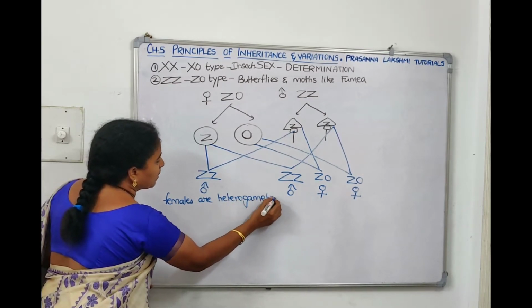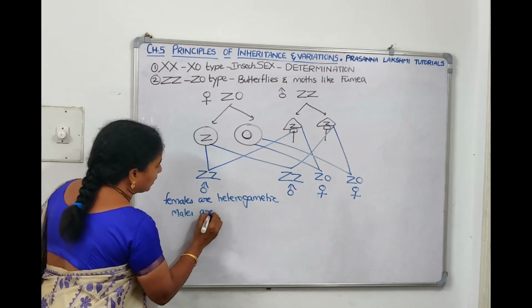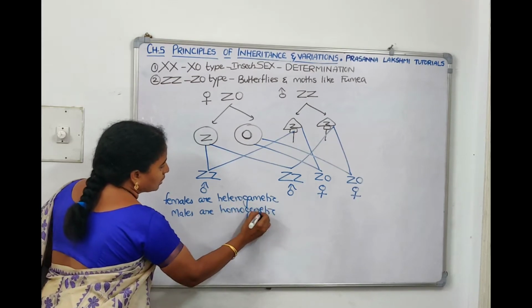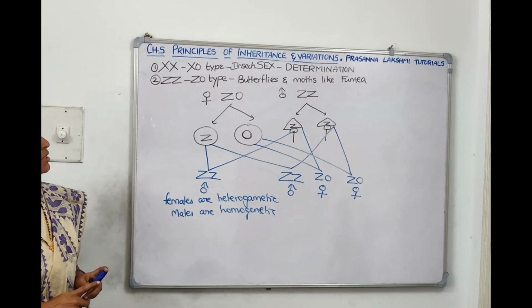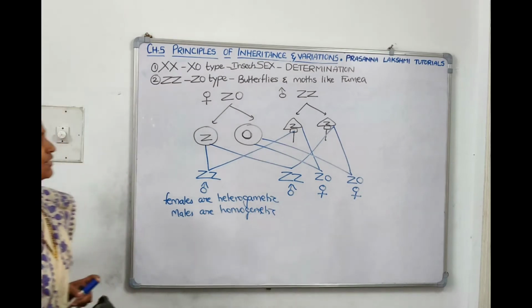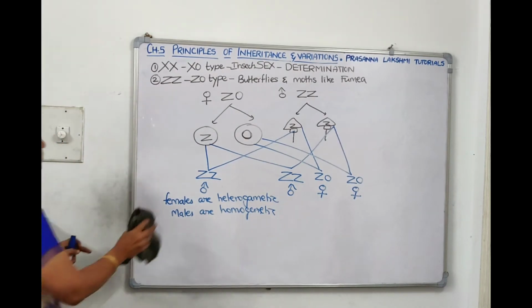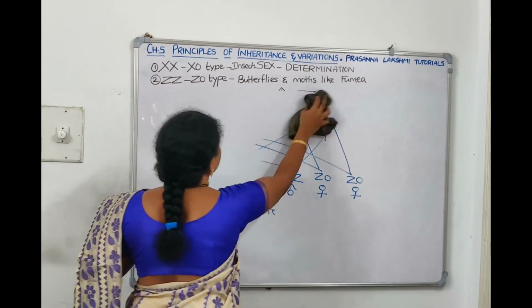They are producing two types of eggs, whereas the males are homogametic. So this is the second type of sex determination, that is ZZ and Z0 type, seen in butterflies and moths like Fumea. Take a screenshot. We'll get into the third type of sex determination next. Now the third type of sex determination is XX and XY type of sex determination.